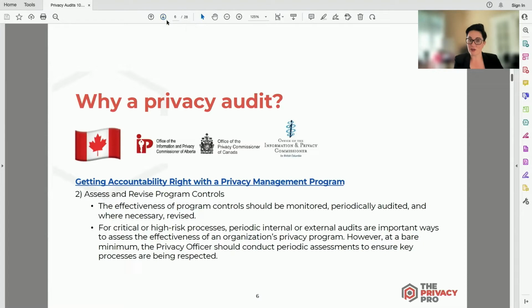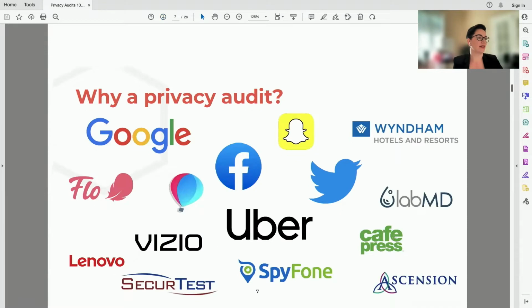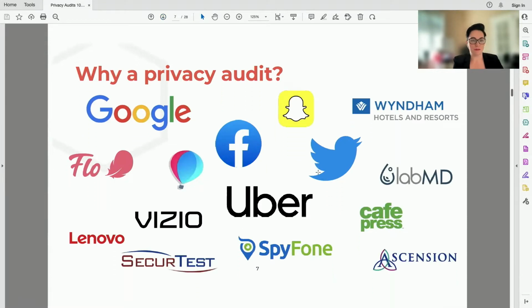Maybe you're Canadian or you just like Canadians and you like to follow the guidance of our privacy regulators in the Getting to Accountability Right guidance. There's lots of reasons why you might be interested in privacy audit. Maybe you are one of the many companies who are subject to an FTC consent decree that says that you have to hire a third party to do annual audits for a given number of years as part of your settlement.